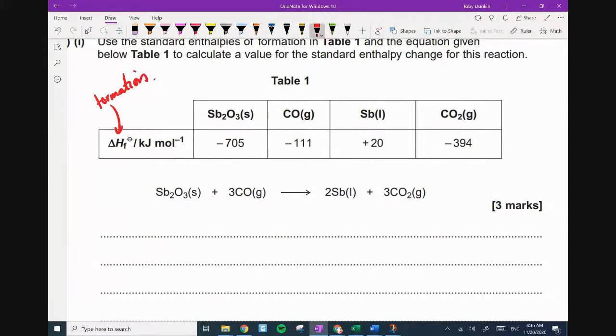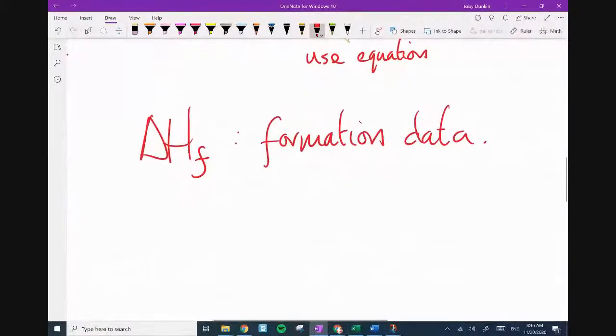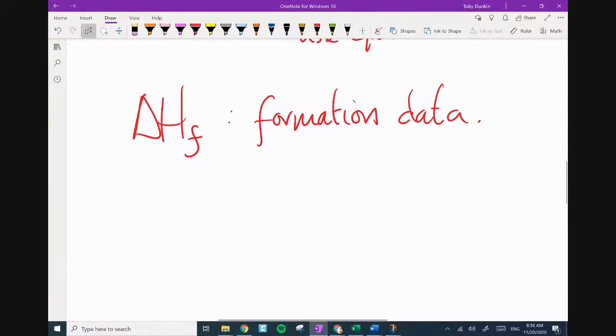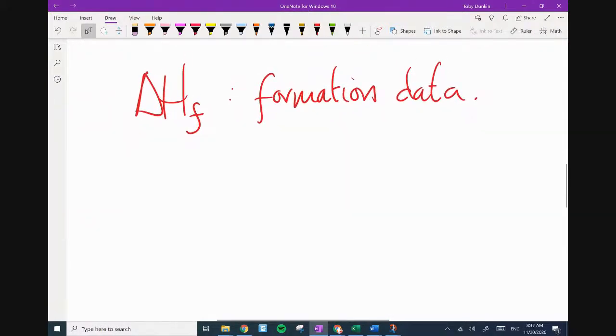And what we can now do is turn each of these into an equation, because of the definition for the enthalpy of formation: the heat energy change when 1 mole of a compound is formed from its constituent elements in their standard states and under standard conditions. So if we're given data, we can turn those into equations if we like. And that's the point of being able to choose now if you want to.